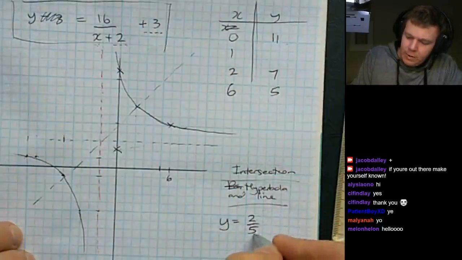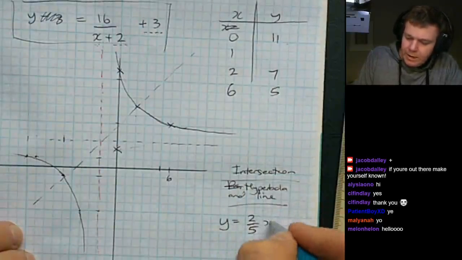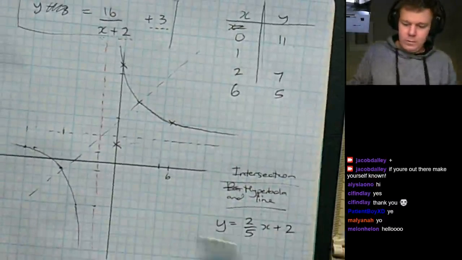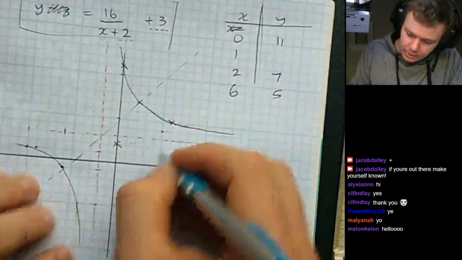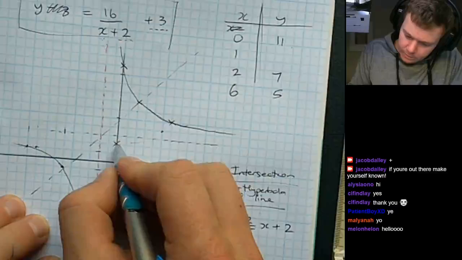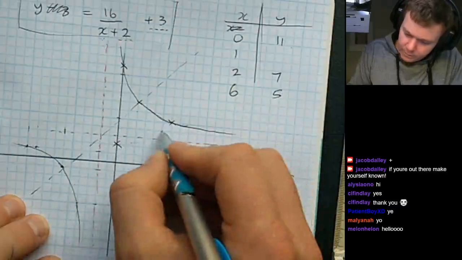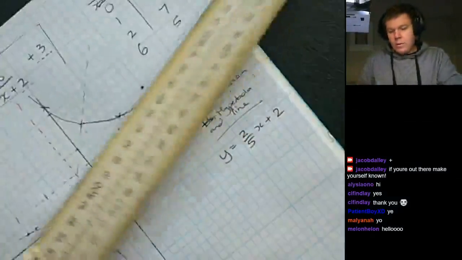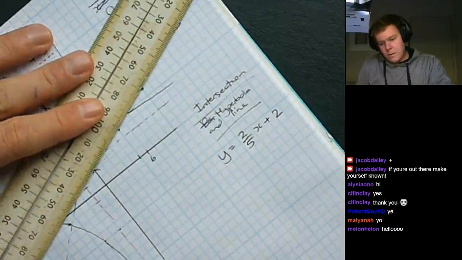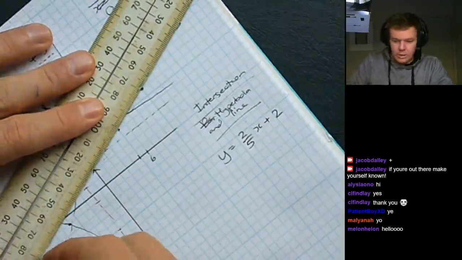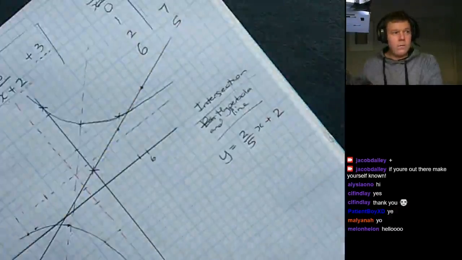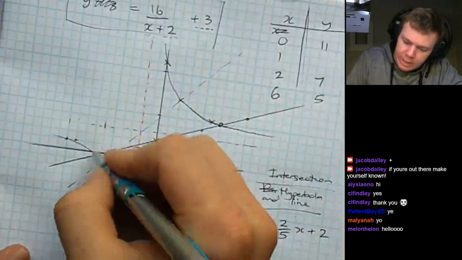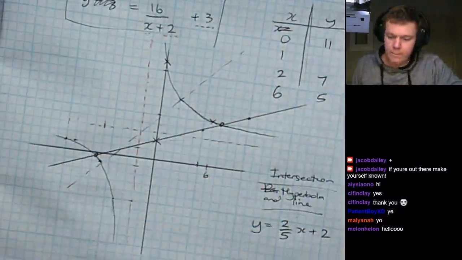Rise 2, run 5, 2/5 x plus 2. So essentially this line is going to go up 2, across 5, up 2, across 5. Essentially it's going to cross through these points which aren't on grid points. So how do we figure those out?